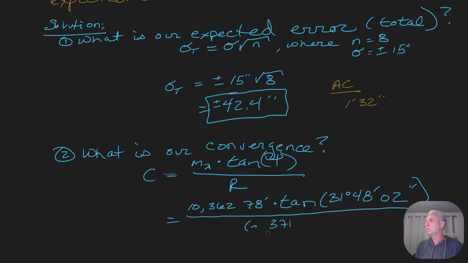And since my data was given in international feet, I'm going to convert 6,371,000 meters to international feet by dividing by 0.3048. We went over that at the beginning of the term, but I'll just reiterate it.